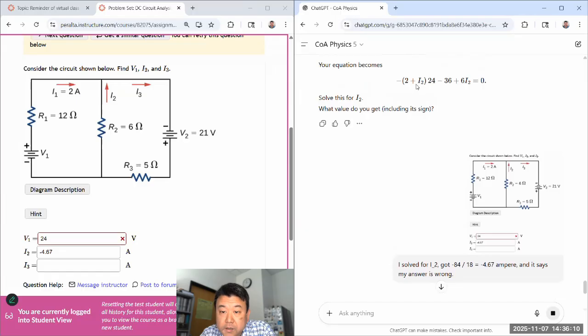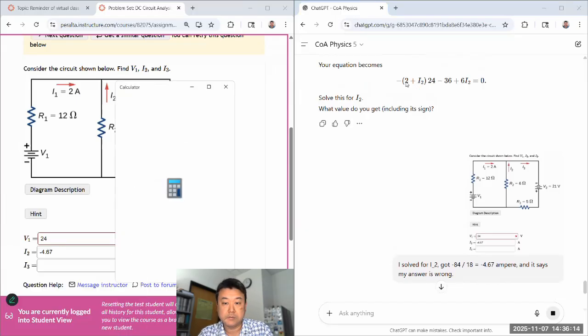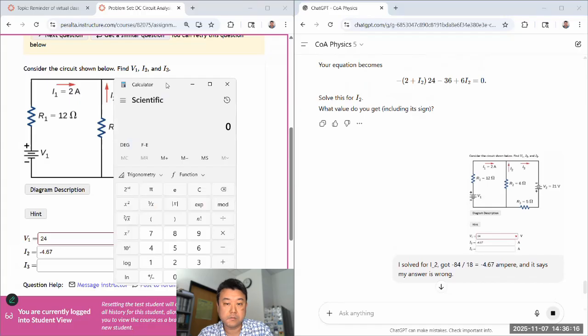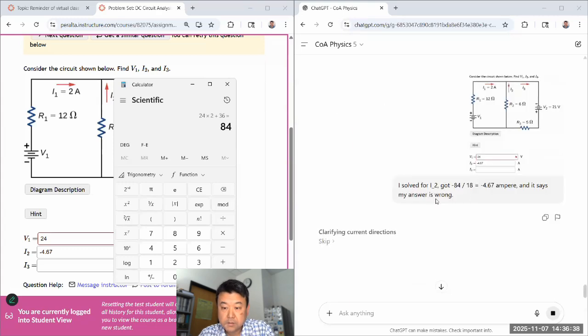Unless I made an algebra mistake here. Let's see. Well, I might have made an algebra mistake. No, I don't think so. So 24 minus 6, that's 18, minus 24 times 2 plus 36, 84. Yeah, so I think that's right.